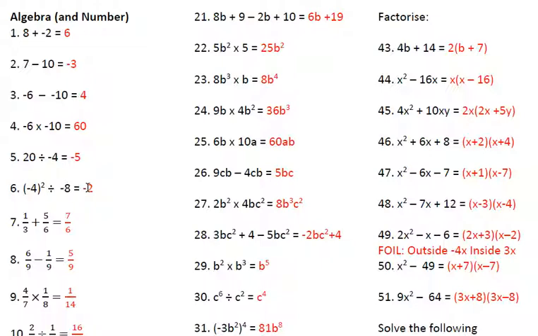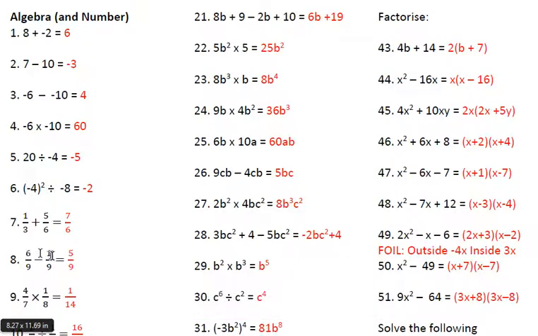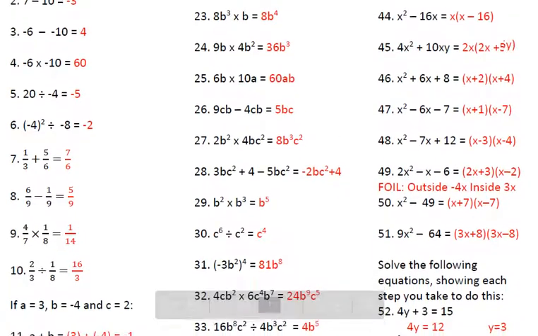Alright, so it'll be negative 2 as your answer because there's a negative on the 8 there. Some of these other ones here, well, 6 ninths minus 1 ninth, well, 6 minus 1 is 5. You could actually do it in your head effectively. Once again, it's foolproof though if you've got a good calculator.